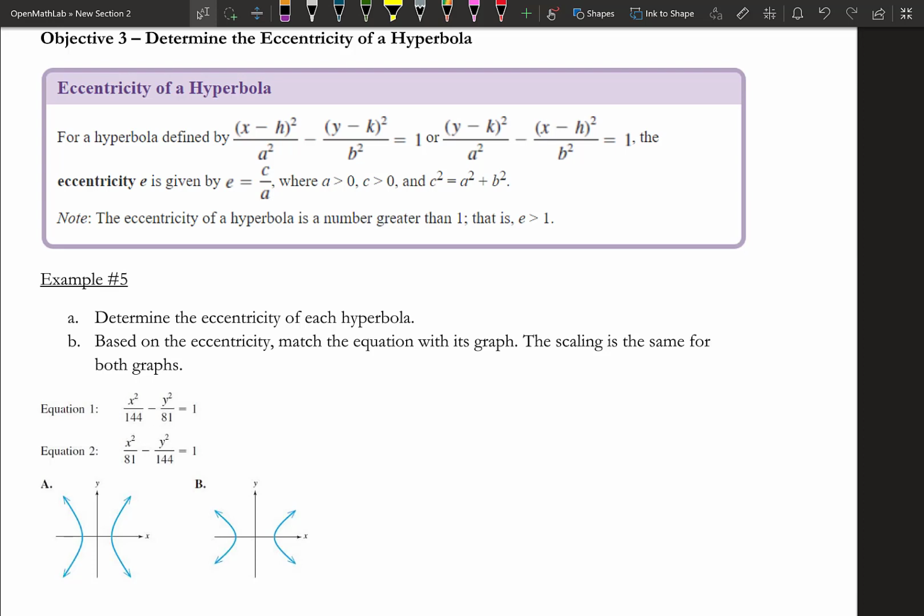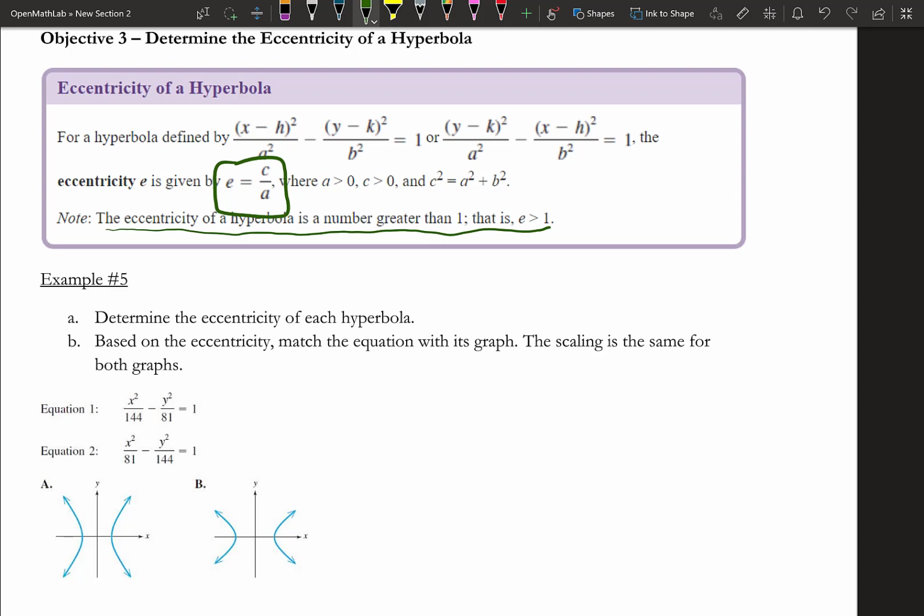A note here is that the eccentricity of a hyperbola is a number greater than 1, so e is always bigger than 1. And that's the equation to solve for the eccentricity, like we looked at before with the ellipse.